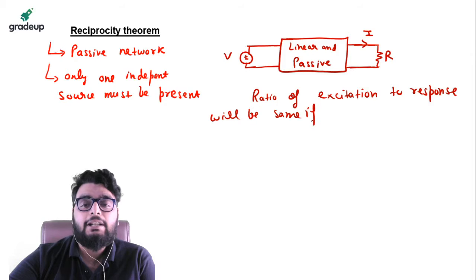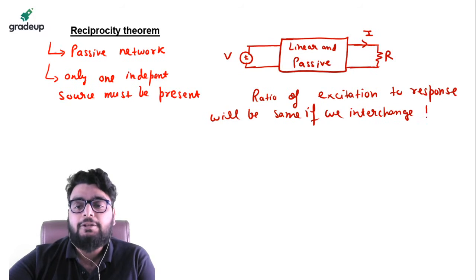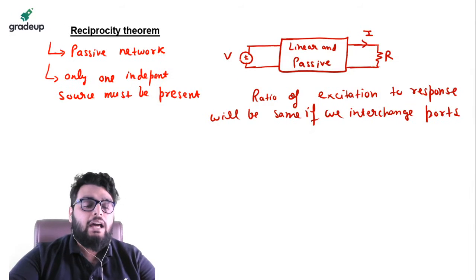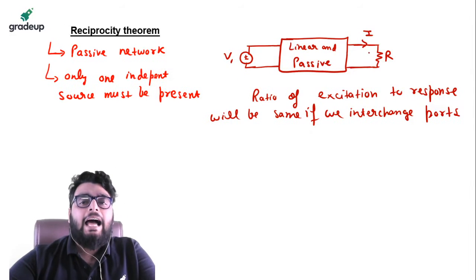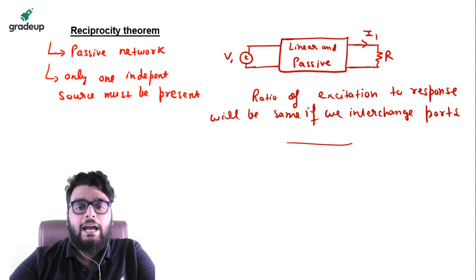If we interchange ports. What is the meaning of this? Let us suppose I am providing a voltage V1 here, and the current I1 is coming here. Now what I want to do is interchange the port.